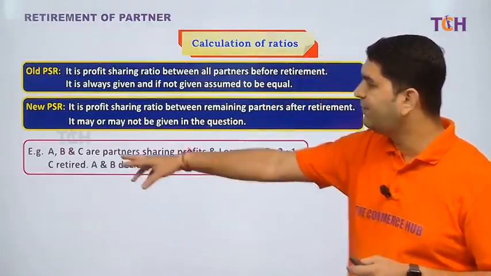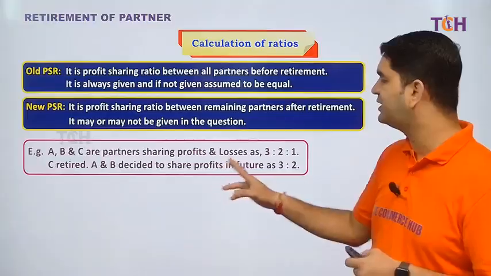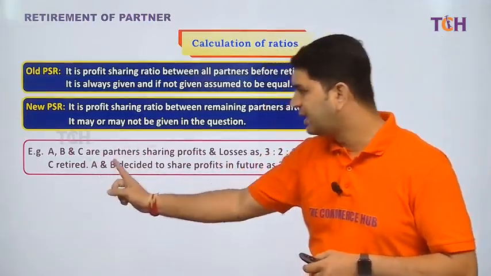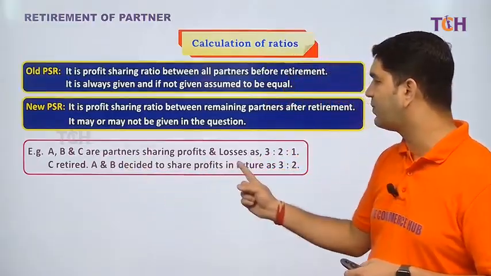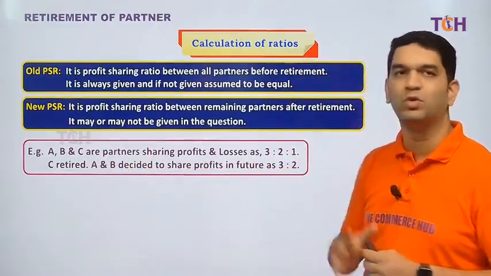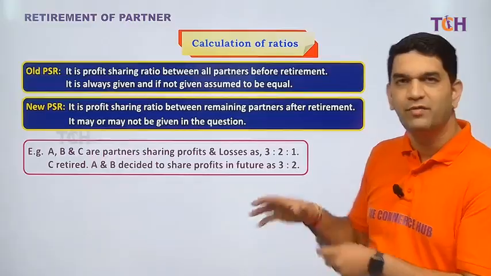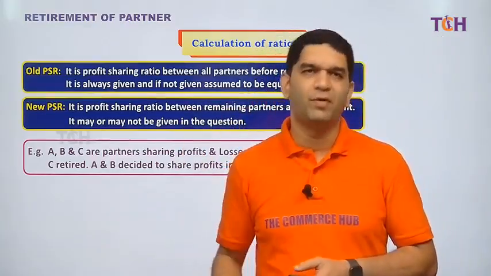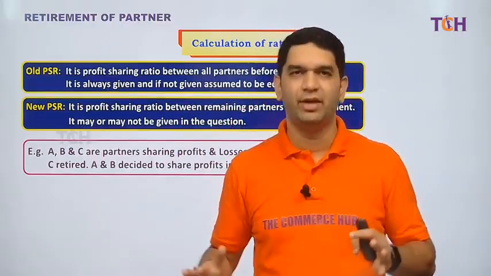Let us understand. A, B and C are partners sharing profits and losses as 3:2:1. C retired. A and B decided to share profits in future as 3:2. So in this given information, we have the old profit sharing ratio readily available, and the new profit sharing ratio also readily available.